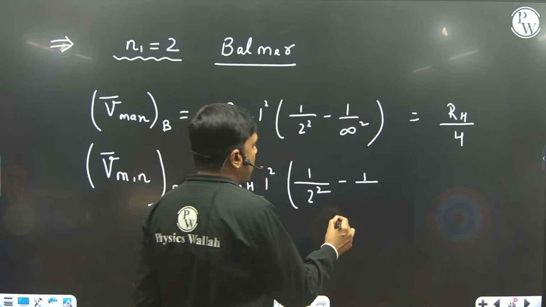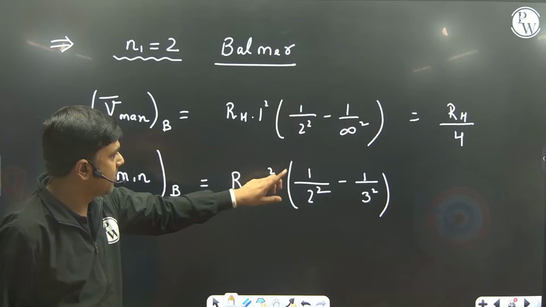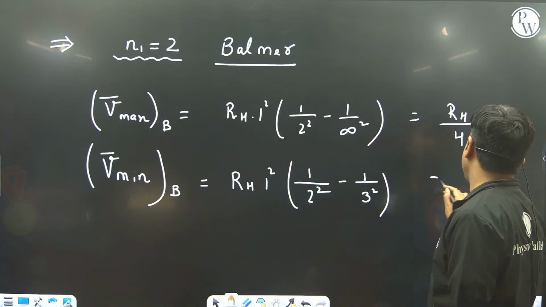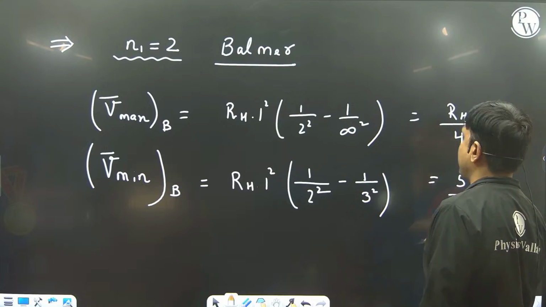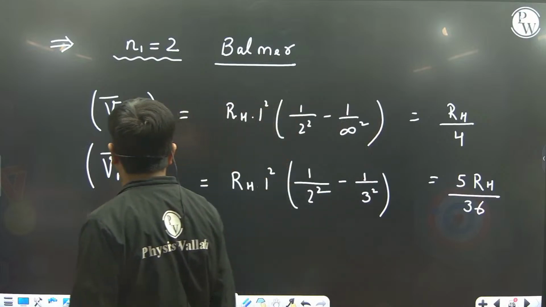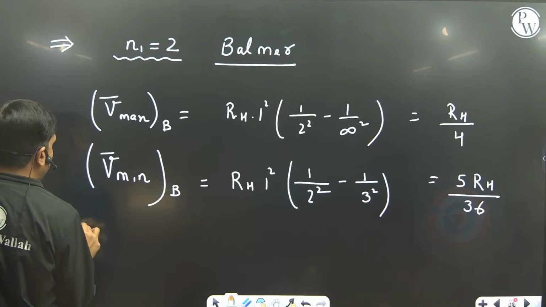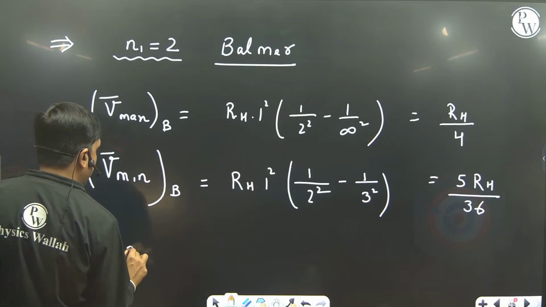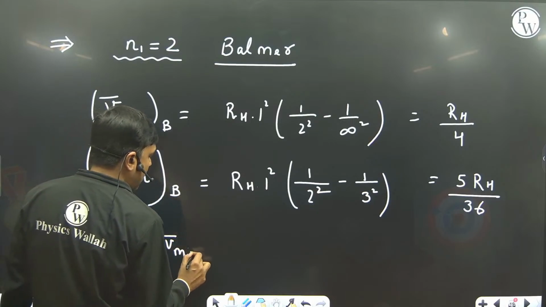So it's 1 upon 2 square minus 1 upon 3 square, 36, 9 minus 4. So it's 5 RH upon 36, right? Delta of this, mu bar max Balmer minus mu bar min Balmer.